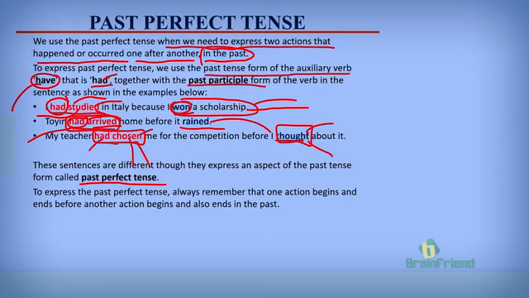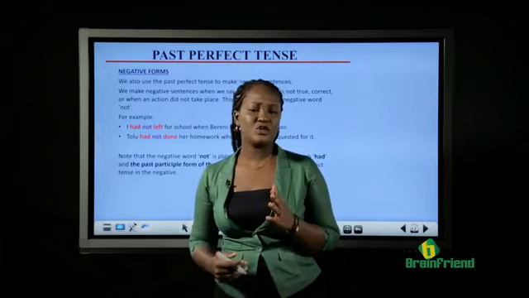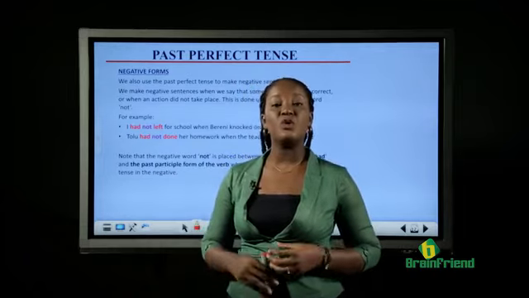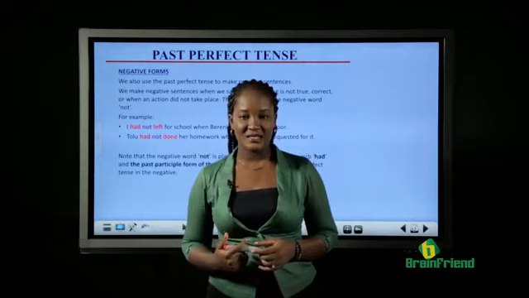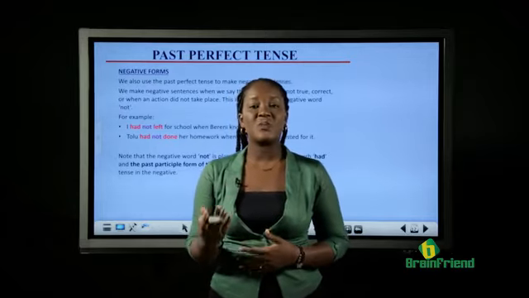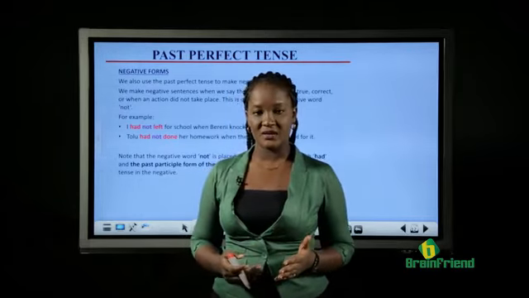Now, note that to express the past perfect tense, one action begins and ends before another action begins and also ends in the past. Another thing to note about the past perfect tense is that we use it to express negative sentences. We can use them to express sentences in the negative.